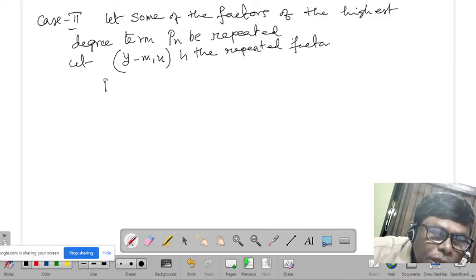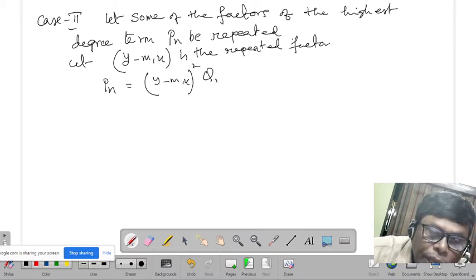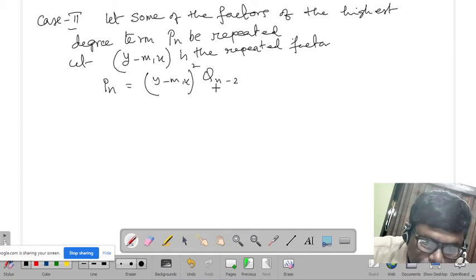Say Pn is equal to y minus m1x, say it has been squared, into qn minus 2. Why is it n minus 2? I think you have understood it. The two terms have been taken common, so qn minus 2.